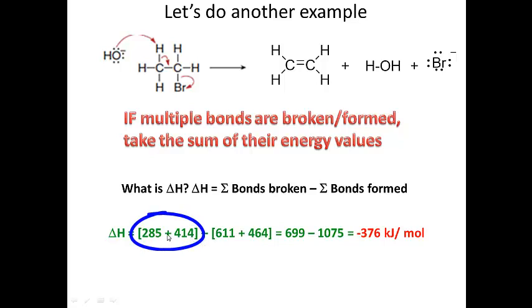So we add those two numbers together to get 699. If you look here, the sum is 611 plus 464. Add that to get 1075. The difference is negative 376 kilojoules per mole. That's delta H. Again, you have to take the sum if you break multiple bonds or if you form multiple bonds in doing this reaction.